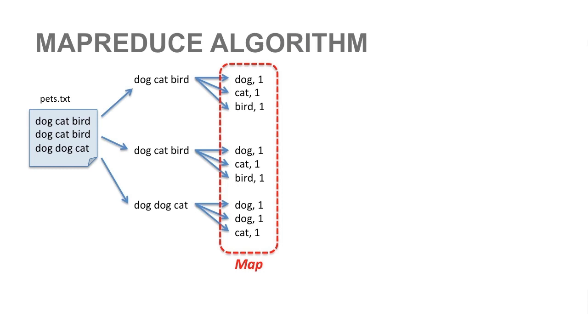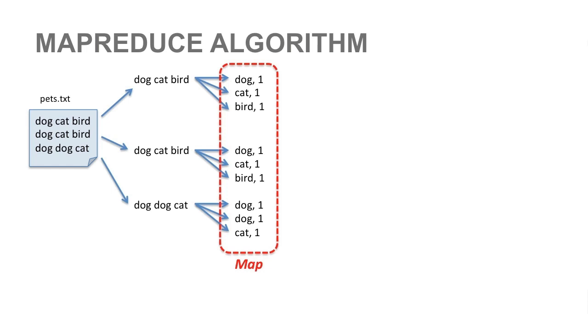And we are going to do that for every pet that we find in the file. As you can see, this is a very primitive function in which whenever we encounter a pet, we emit a pair with the pet kind and the number 1. This step in processing is called the map. So we take the input and we transform it, or we extract something interesting out of it.